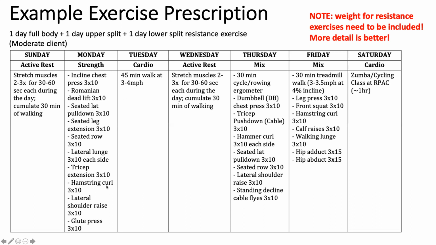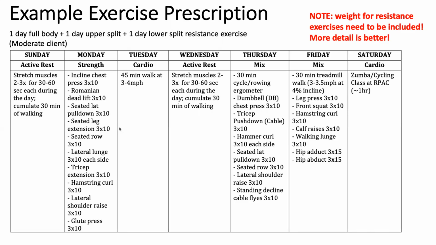An important note is that this exercise prescription is not 100% complete. If I gave this to a client, they would have no idea what weight to use. We can use the data from their exercise test to give them a goal weight to use for this exercise. So let me make that a little bit more clear. On these strength days or mixed days right here, so on this example, it's Monday, Thursday, and Friday, my client would have no idea how much weight they're supposed to use on the incline chest press.